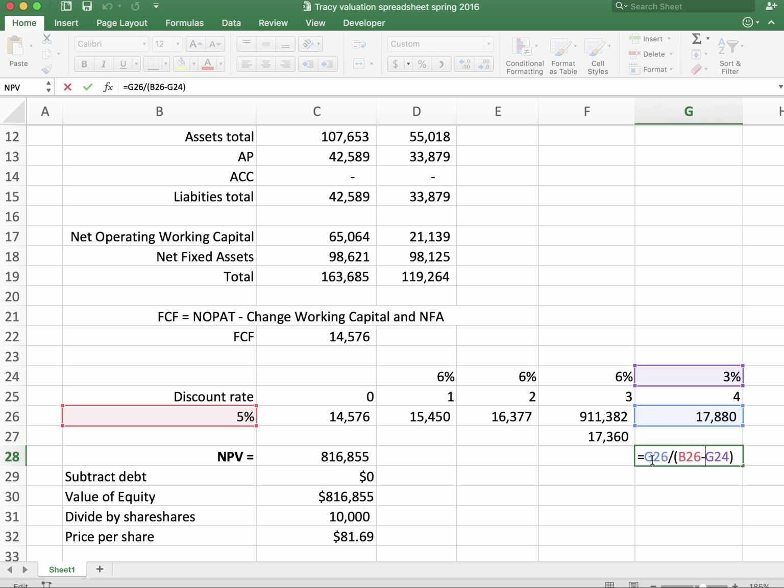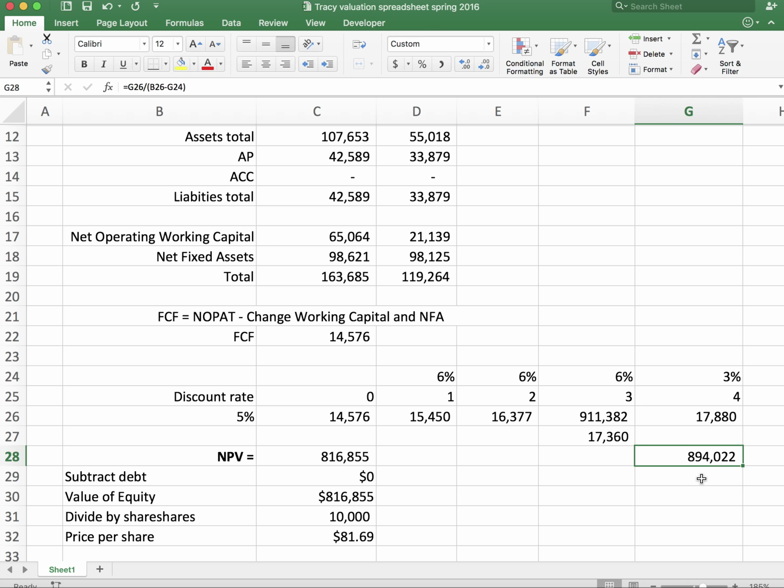And so we have D1 divided by K minus G, and in this case K is 5% over here at the discount rate, and G is 3%, which is the growth rate. So if we do that calculation, we see that we get 894 million. So what this represents now is 894 million is from the end of year 3 in perpetuity forever.